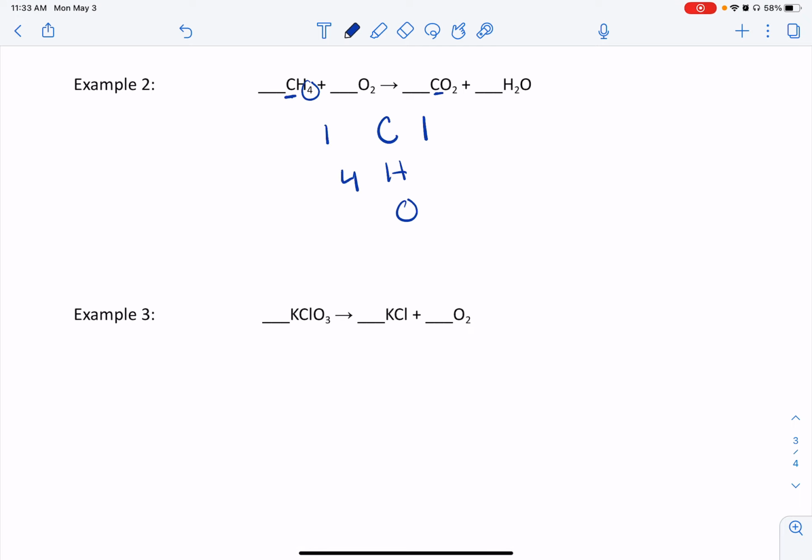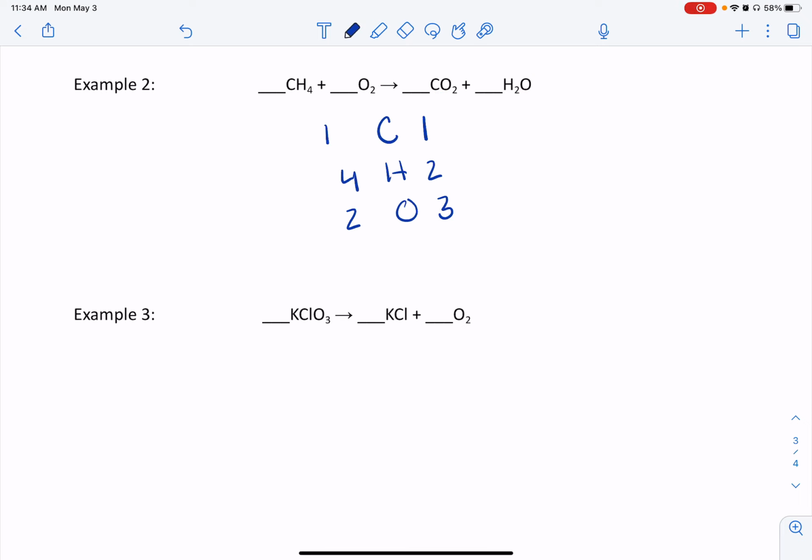I'm sorry, I said that backwards. 2 hydrogen on the right. Now I have 2 oxygen on the left, and here I have 2 plus an extra 1, so this is going to be 3 oxygen on the right. Right, see, I have 2 from the CO2 plus 1 from the H2O, so I added that together.